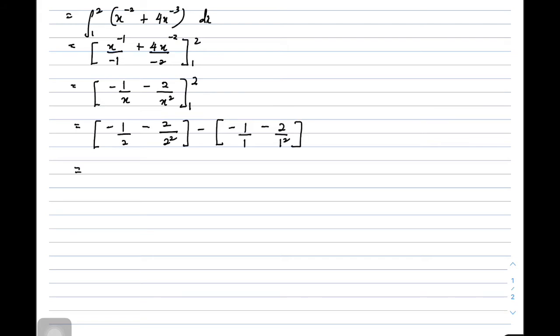So what are the values here? You will get negative 1 over 2 minus, simplify this one, 1 over 2, then here you will get negative 3. Then solve everything. At the end, this one is negative 1 plus 3, the final answer is 2.